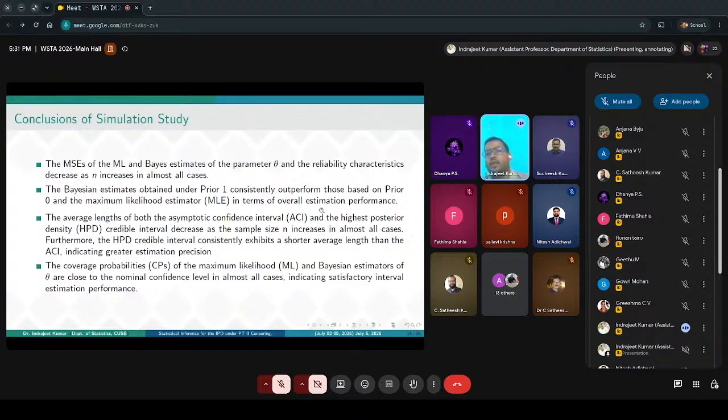Overall, we can say that the Bayes estimates under prior one perform best when we have prior information. For average length and coverage probability, a similar pattern of outcomes can be observed in the interval estimation.